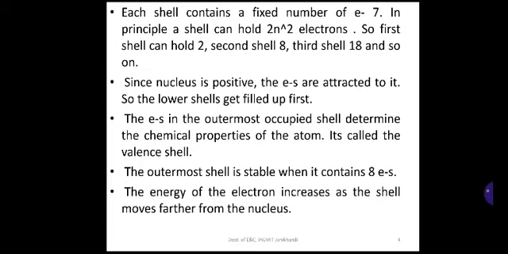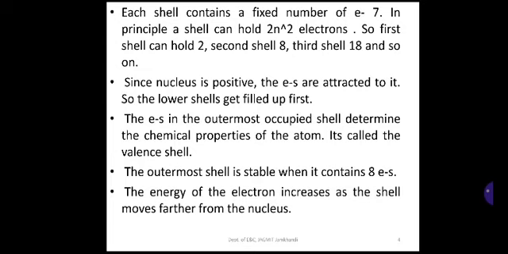So the lower shell gets filled first. The first shell or first orbit gets filled up first.